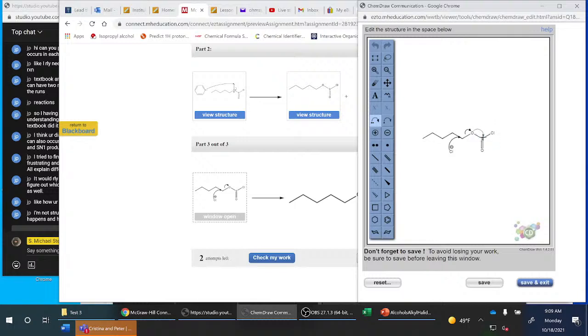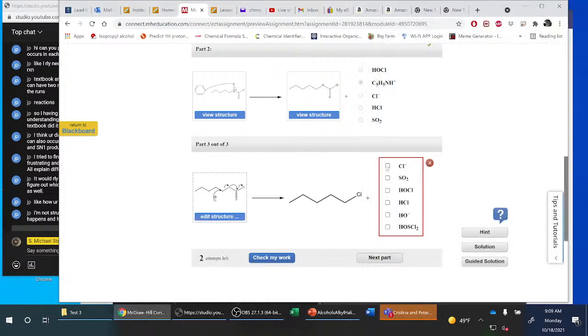Chloride attacks the carbon, breaks the carbon-oxygen bond. This attacks the sulfur, bonds to it, and gets rid of the other chloride here. And so we end up producing the chloride ion.